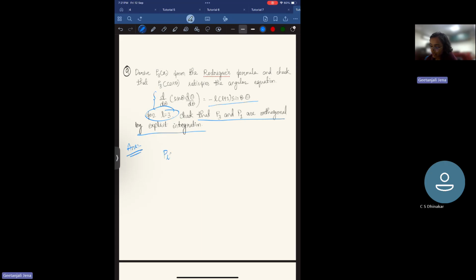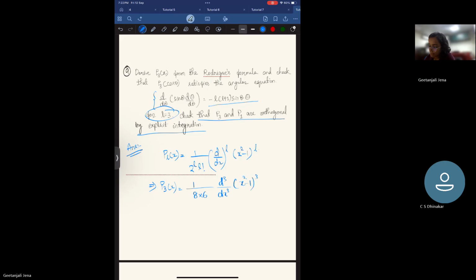So we have P_L(x). Recall this is 1/(2^L L!) d^L/dx^L (x²-1)^L. So P3(x) will be 1/(8·3!) d³/dx³ (x²-1)³, so 1/48.